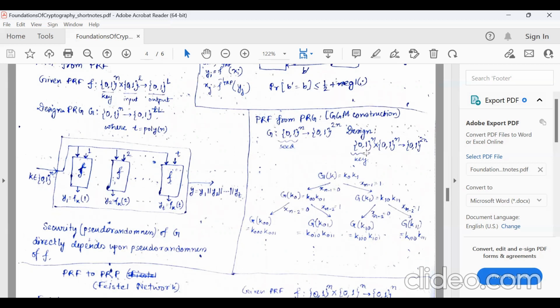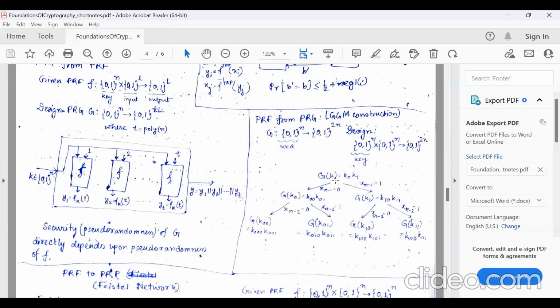And you want to design a PRF whose key has length n, input has length n, and output has length 2n. Basically, the seed of the PRG is used as the key of the PRF.